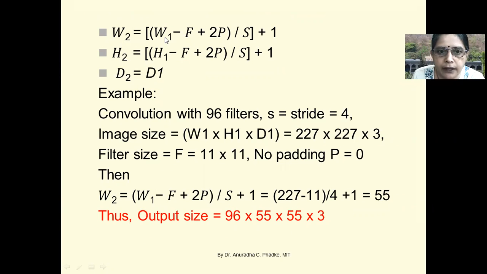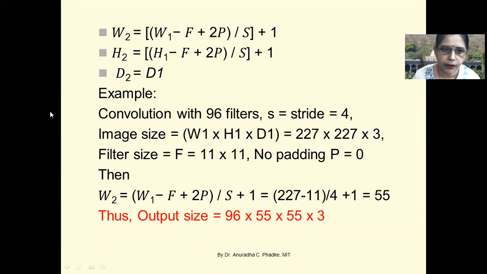W2 is determined by (W1 minus F plus 2P) divided by S plus 1. H2, that is the height of the output image, is given by (H1 minus F plus 2P) divided by S plus 1, and the depth at the output is the same as the depth at the input.